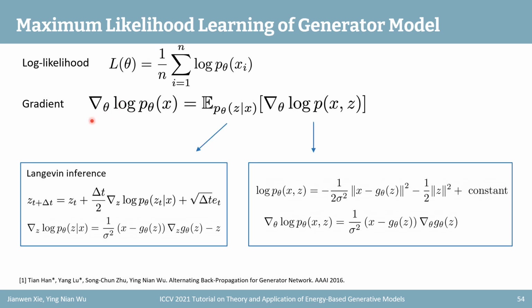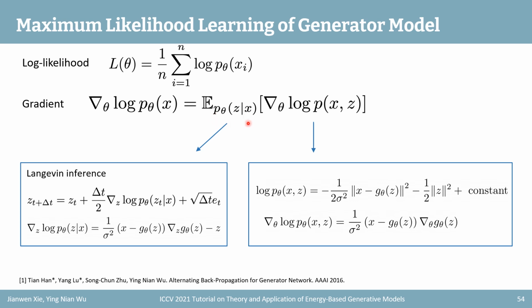So after deriving the gradient for the log likelihood, we can then use a gradient ascent algorithm for learning from this data. And you can see that when you compute this gradient, first you need to draw samples from this posterior distribution. That is, inferring z given this x.